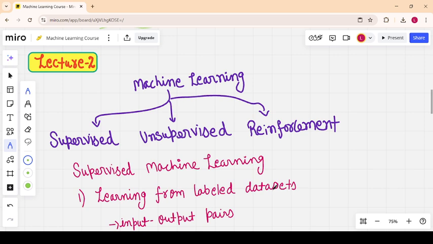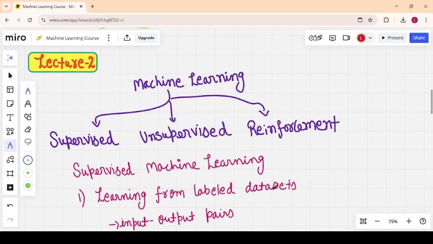First, machine learning is a branch of AI that enables the computer to learn from data without being explicitly programmed. Instead of writing code with specific rules, we provide data and let the machine figure out the underlying pattern in the data. There are three major types of machine learning.